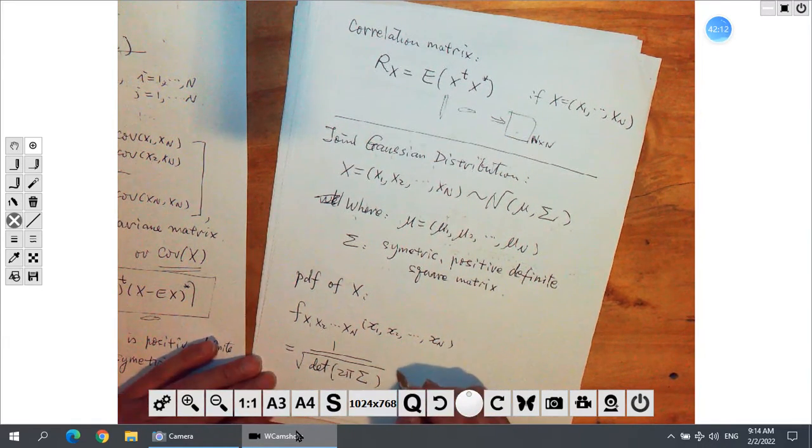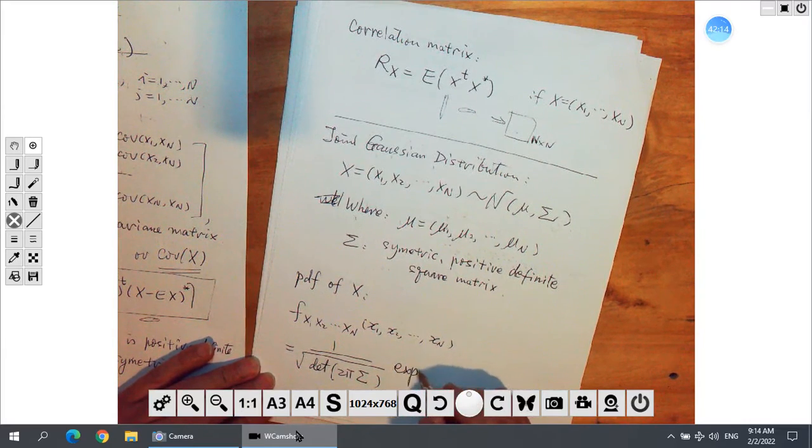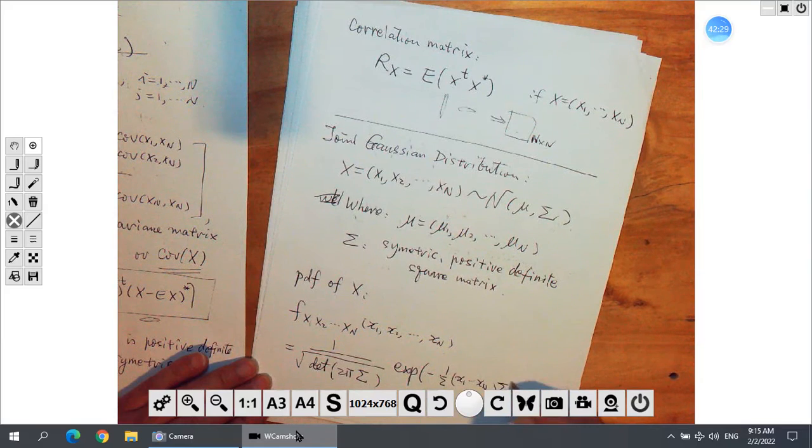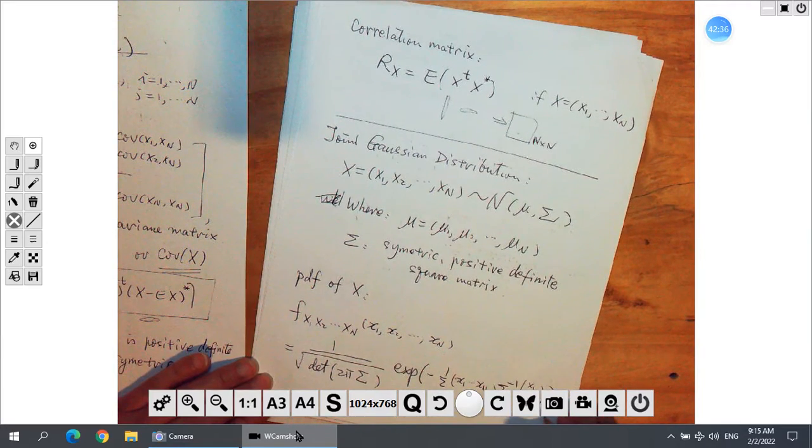And here is the exponential, with power negative 1/2 times x1 to xn times sigma inverse times x1 to xn. Okay, like this.